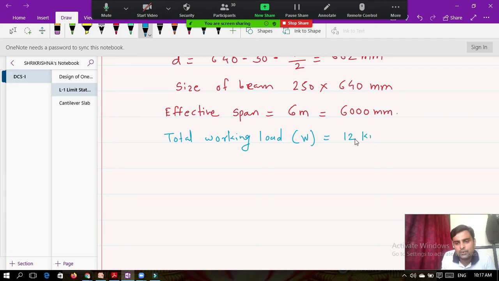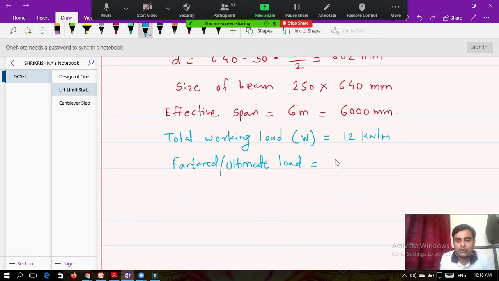Now we will calculate the factored load, or we can call it the ultimate load. Another word for working load is service load, or they may say load at service. Load at service means it is also working load, remember this.